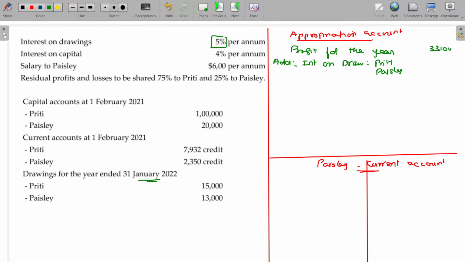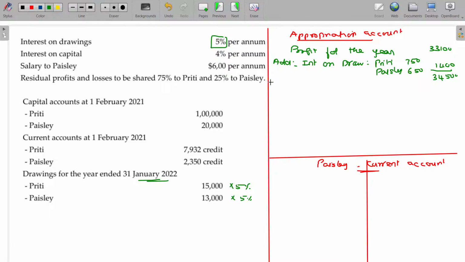Drawings for the year ended 31st January 22 is given here. So on this drawing 5% will be calculated. Hope this will be 750. And similarly for Paisley 5% on this 650. Overall interest on drawings being 1,400 is added, 34,500.